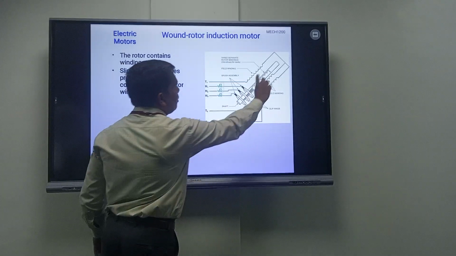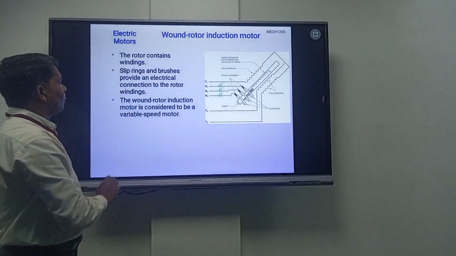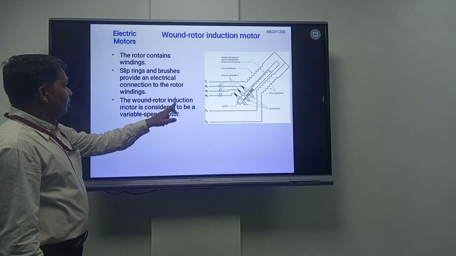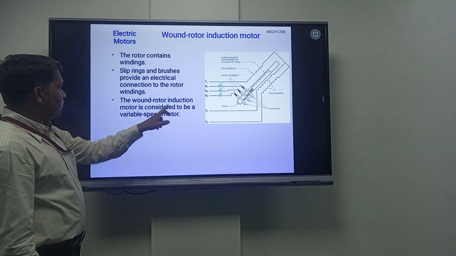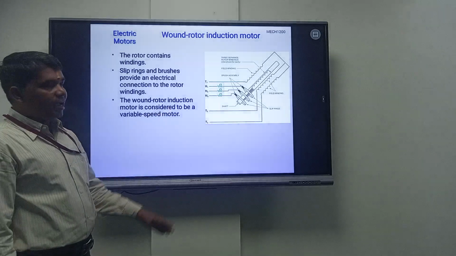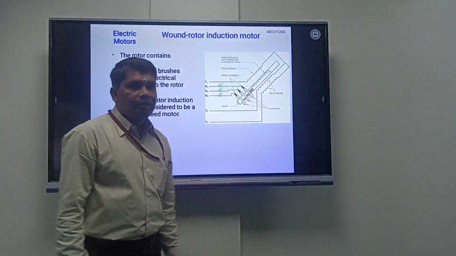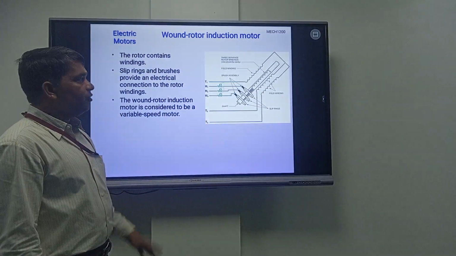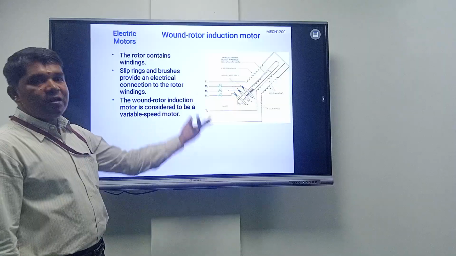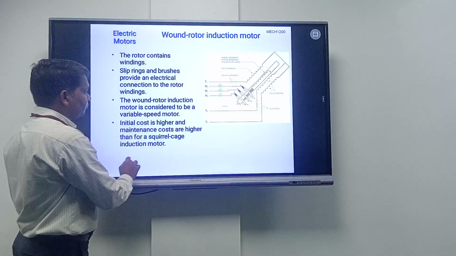This is your rotor winding. The wound rotor induction motor is considered to be a variable speed motor, because you can change the voltage and frequency so that the speed of the motor can be changed.